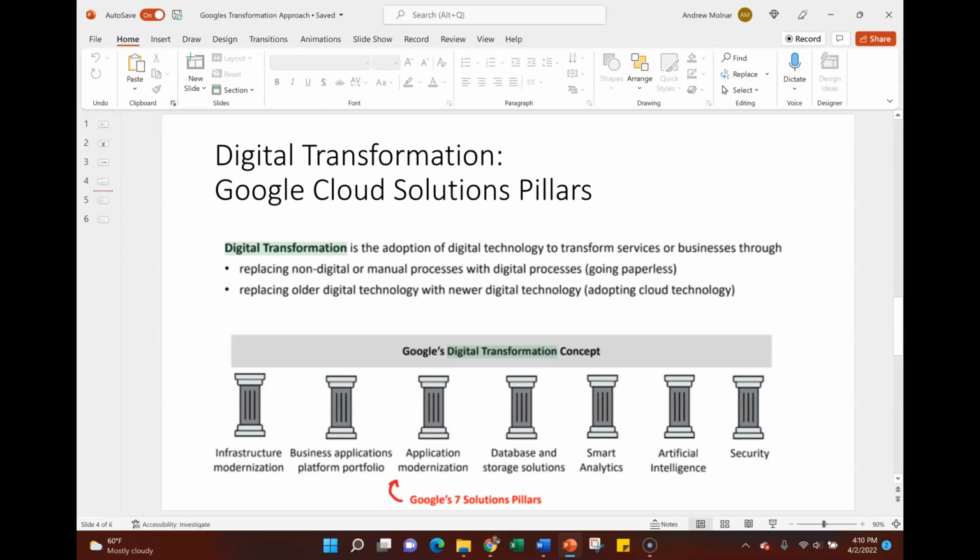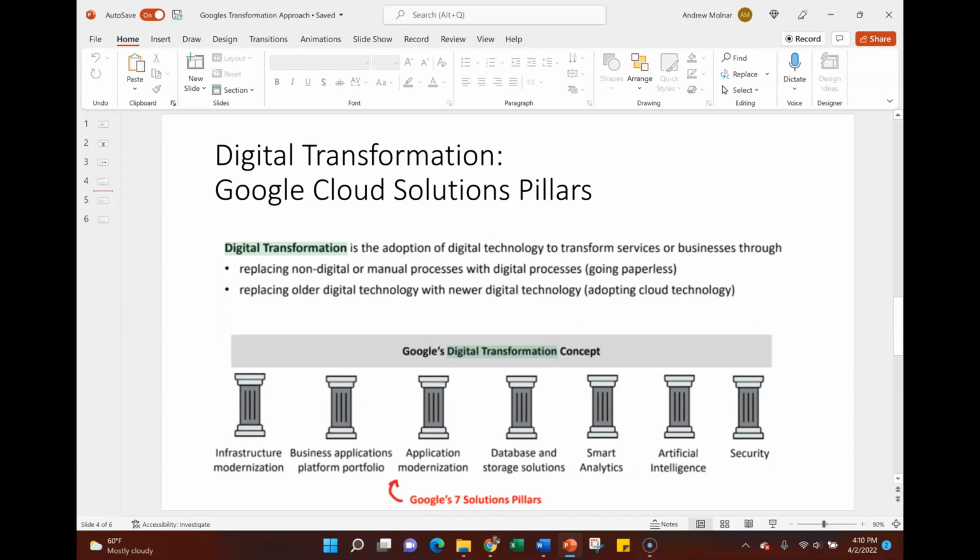So we get to the point, which is the digital transformation which Google is going through. And Google has these cloud solutions as their pillars. Digital transformation is the adoption of digital technology to transform services or your business, through these different pillars, which are your solution pillars according to Google.